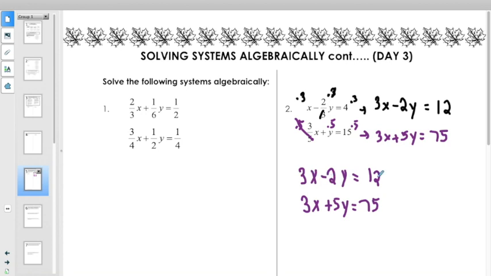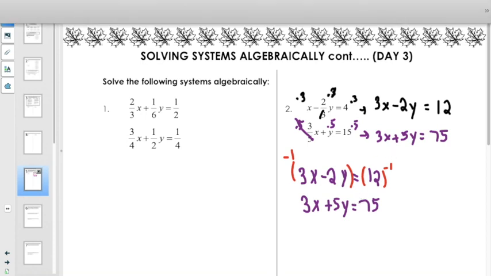I'm going to multiply this top piece by -1 because this number is positive 75, and this will become -12. It really does not matter at all. Whichever one you want to multiply by -1 is totally fine. If you want to go off course and multiply the bottom one by -1, go ahead. That's fine. You'll get the same thing.